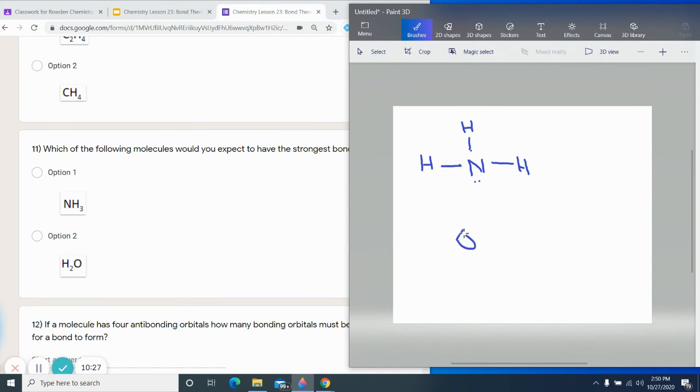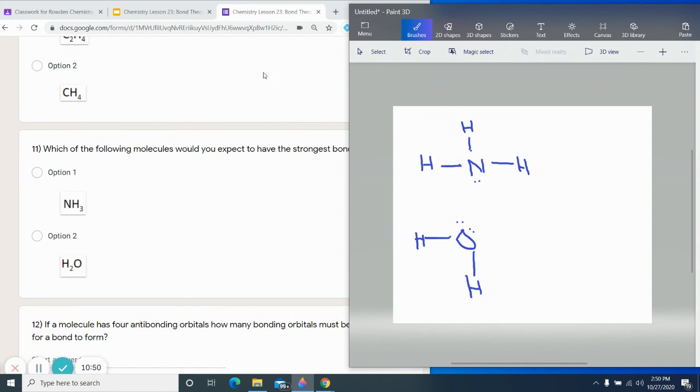And then with O, I think we've already drawn this one too. It's going to be O bonded to an H, and then bonded to an H. And 1, 2, 3, 4. And this would have been 5 and 6. So which one's going to have the stronger bonds? So they're both single. So they're both just sigma bonds.